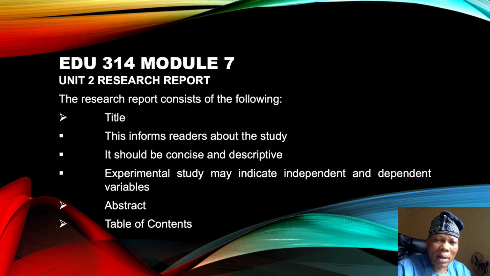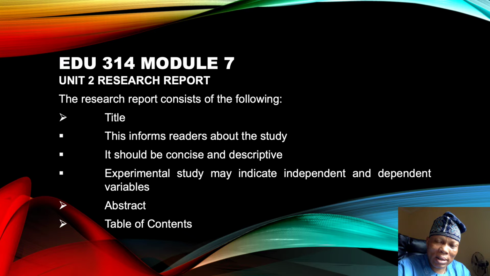The other time we talked about Unit 1, which dealt with research proposal. If you can still recollect, the elements of a research proposal are the title, Chapter 1, Chapter 2, Chapter 3, and the references.